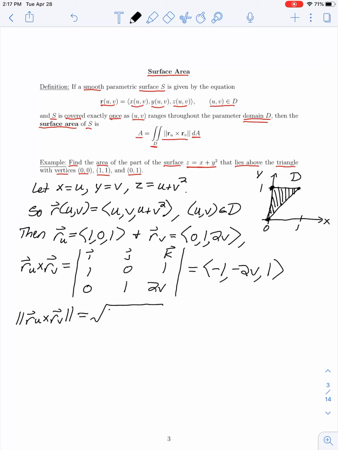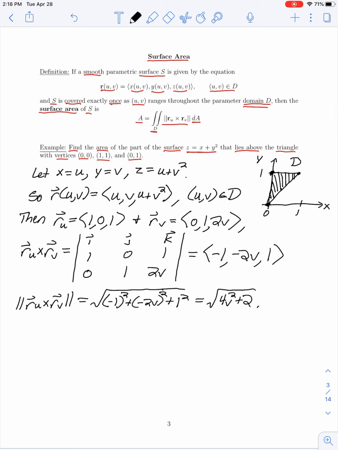So here our cross product had a first component of negative 1, so we take negative 1 squared, plus our second component, negative 2v squared, plus our last component, which was 1 squared. So altogether we are left with the square root of 4v squared plus 2.